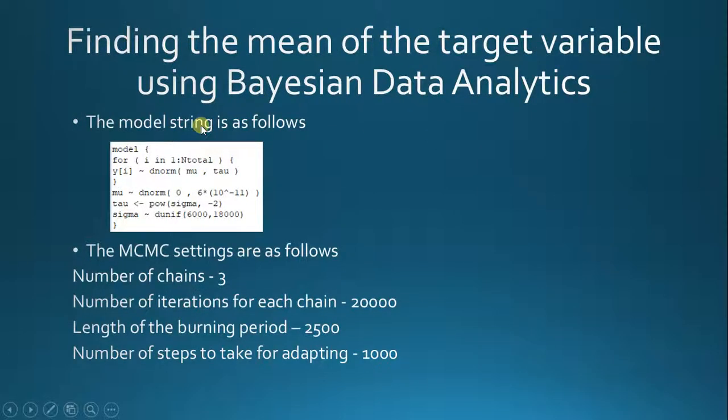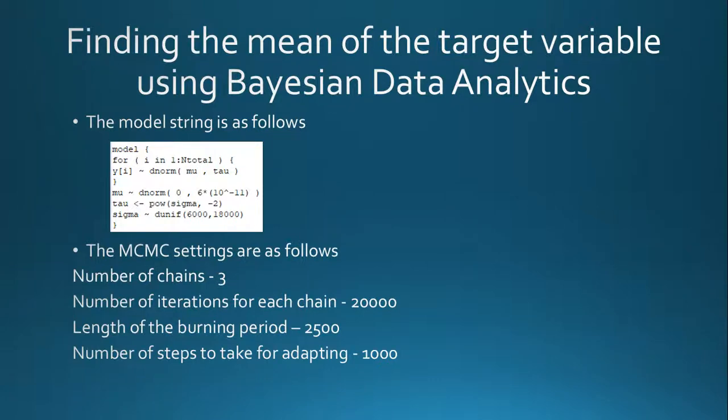So for that, we have given this model, and here we are assuming our target variable to be distributed normally with parameters mu and tau, and again mu is distributed normally with a very low precision, which means it has very high variance.